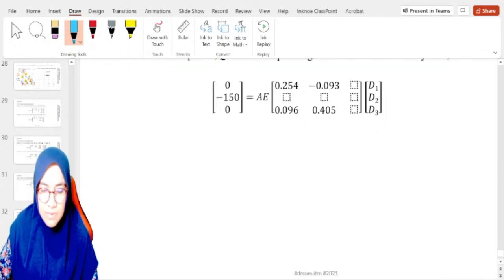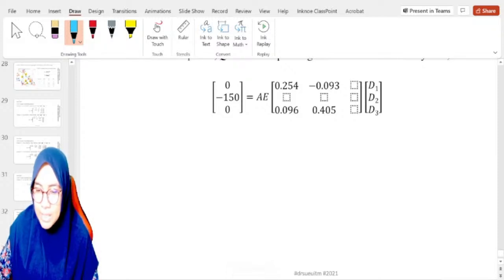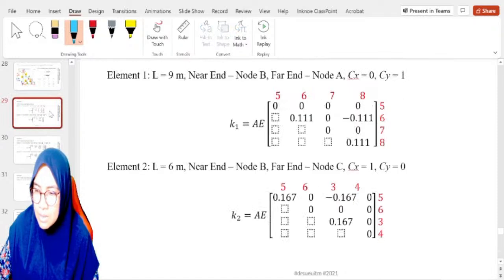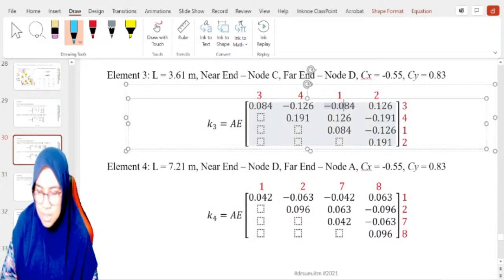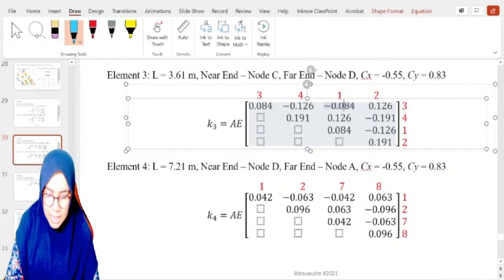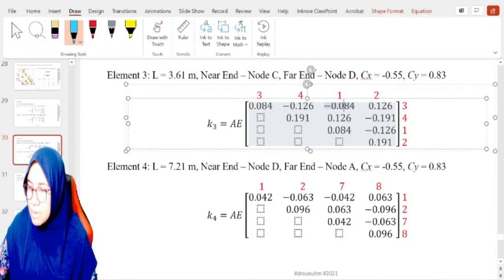So the next value is 13. We find the 13 value from K1 until K5. There's no 13 at K1, K2. 13 we have here, negative 0.084.